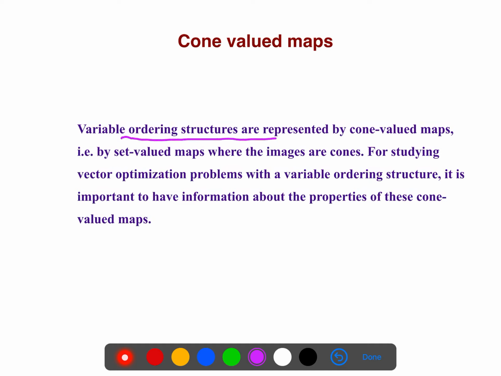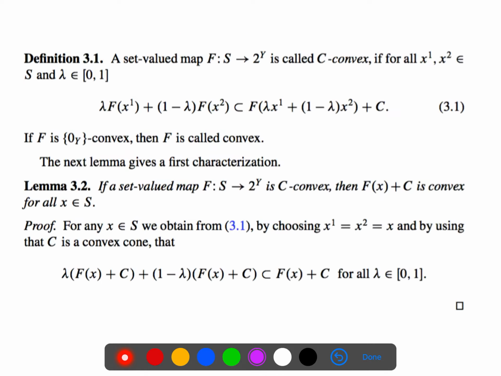So variable ordering structures are represented by cone-valued maps, by set-valued maps where the images are cones. For studying vector optimization problems with a variable ordering structure, it is important to have information about these cone-valued maps. That's why, for example, we consider concepts such as C-convex.